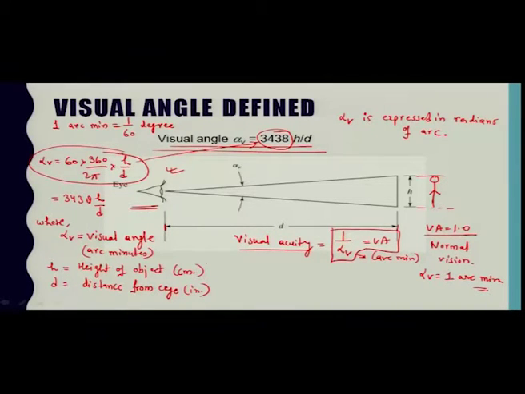If an individual can only discern a feature that subtends a visual angle of 2 arc minute, it means his visual acuity will be 0.5, which is less than normal.